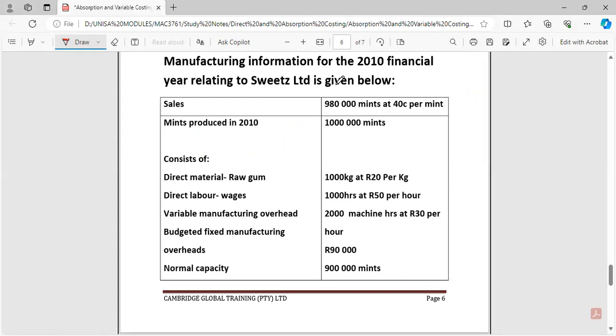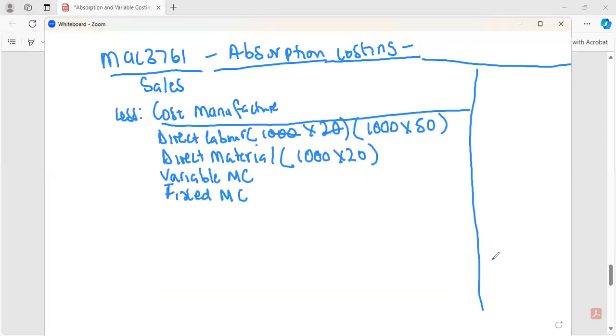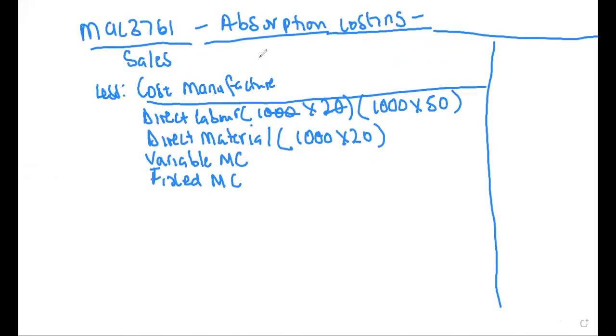So which means we are going to take 2000 machine hours, then it's going to be 2000 times 30. Right, that's there.